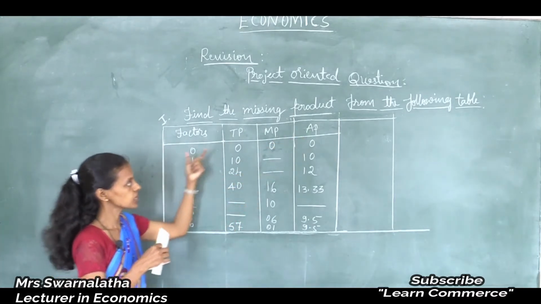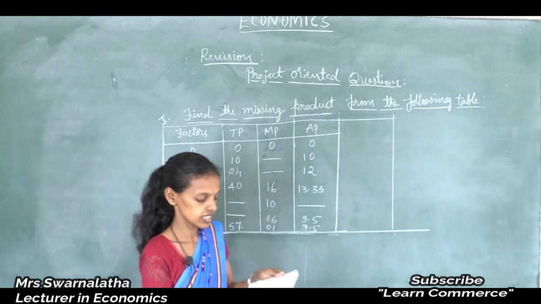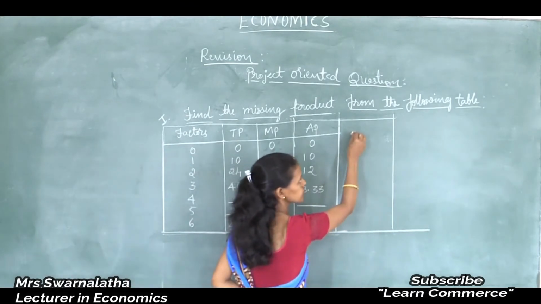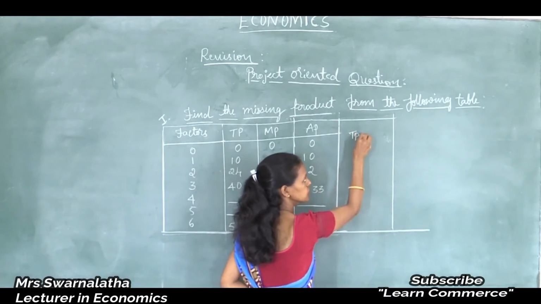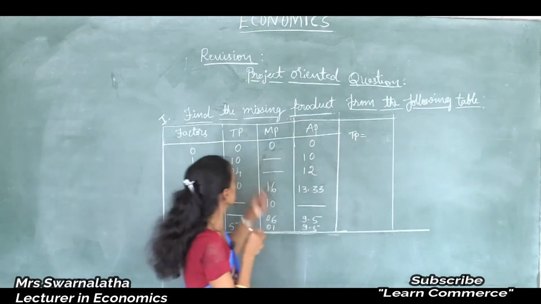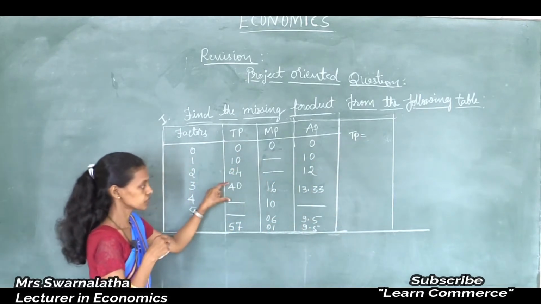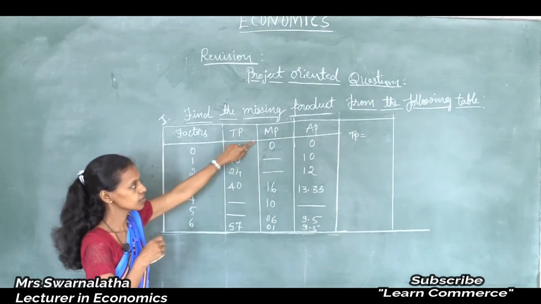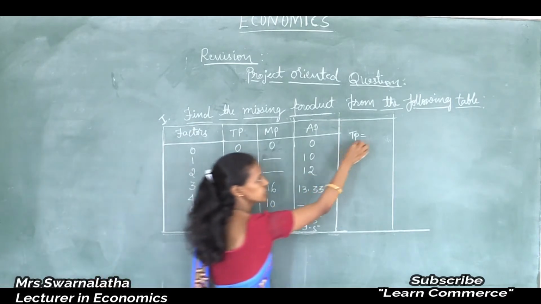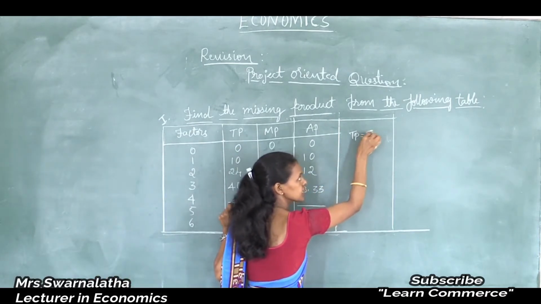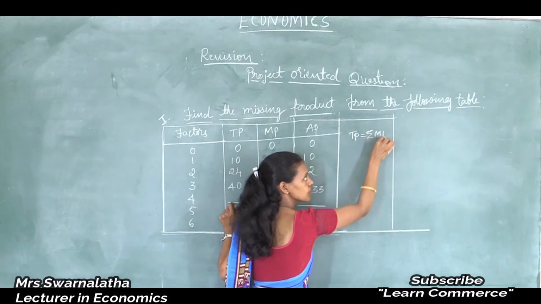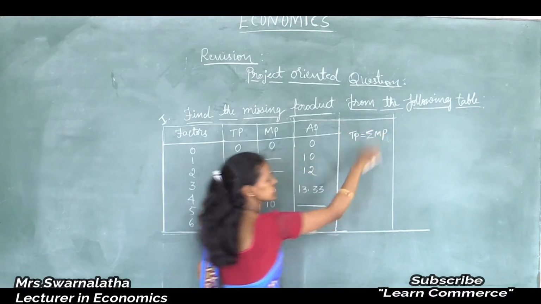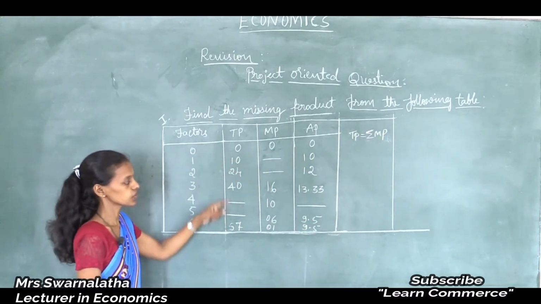Remember once, the formula to find total product is TP is equal to the summation of MP. This is the formula to calculate total product.